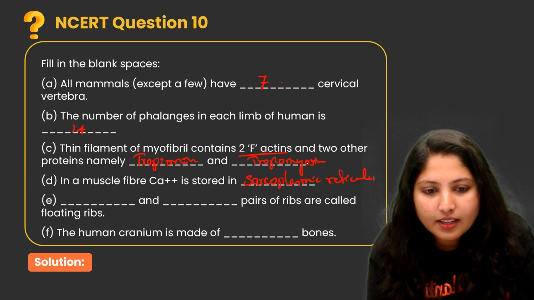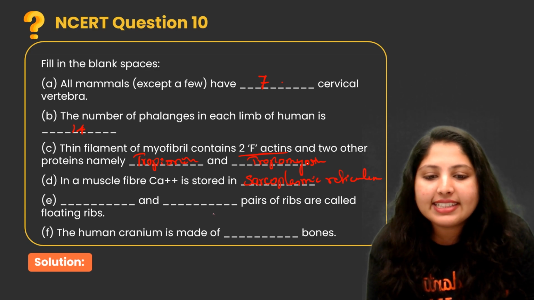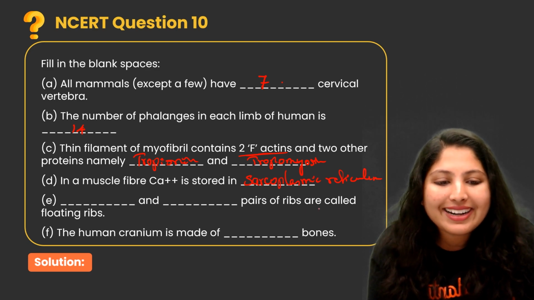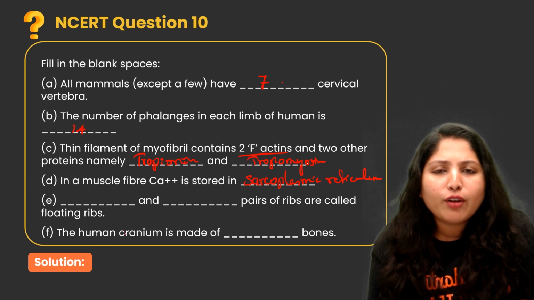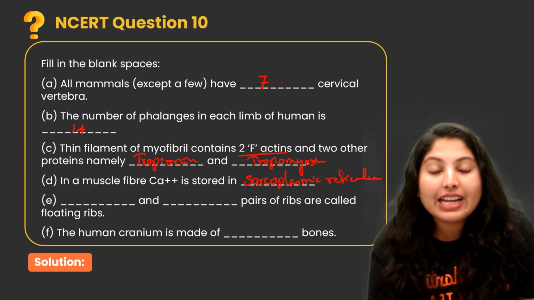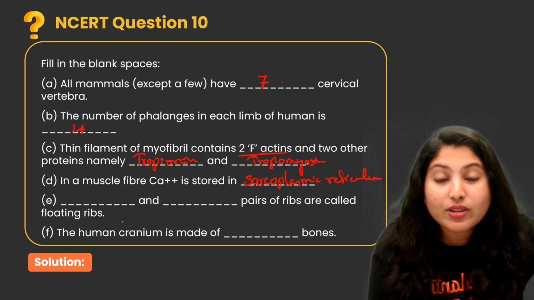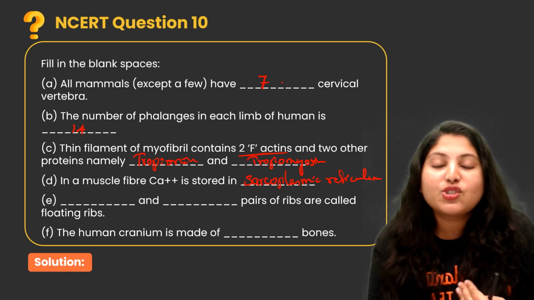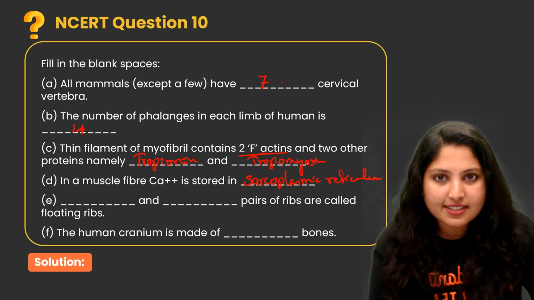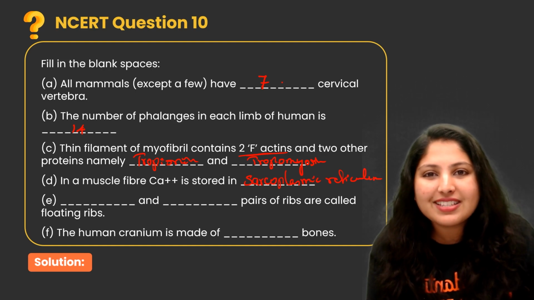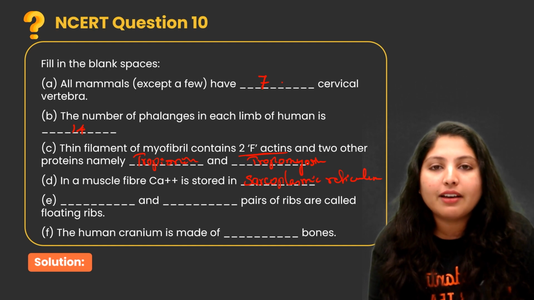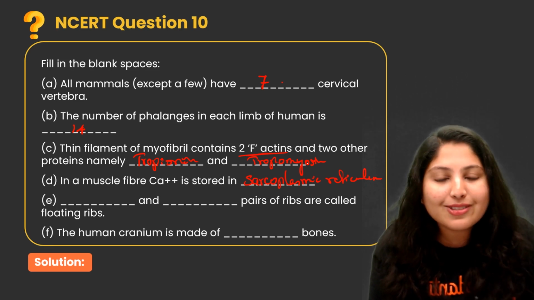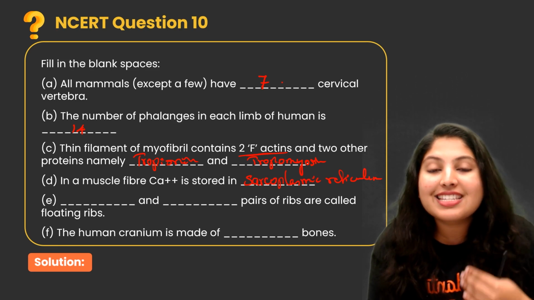Okay, next one. Dash and dash pairs of ribs are called floating ribs. So what do we mean by floating ribs? The ribs which are joined at the dorsal surface to the vertebral column, but in the front, they attach to the sternum.